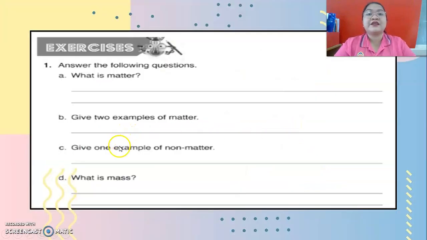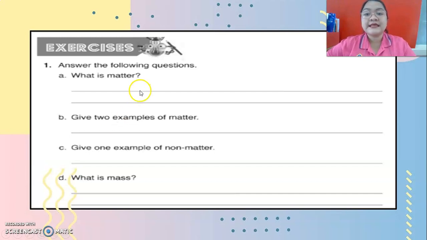So let's try to answer your workbook. Page 54, number 1, answer the following questions. Number 1, what is matter? Again, what is matter? 5, 4, 3, 2, 1.